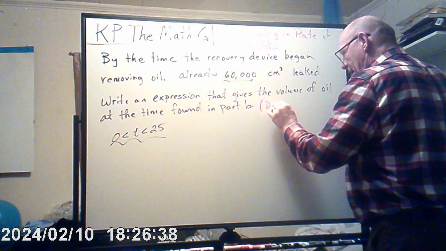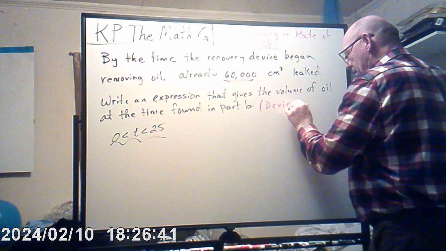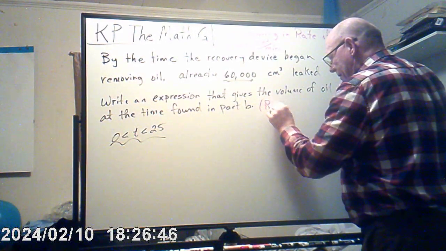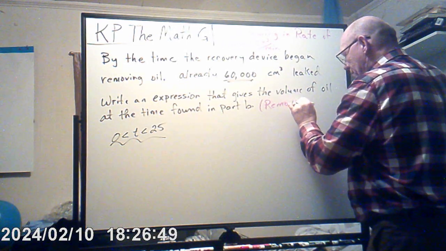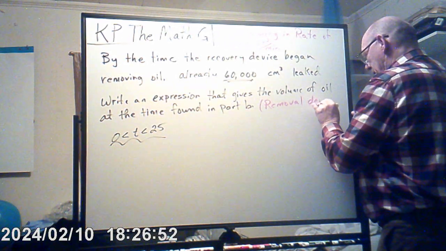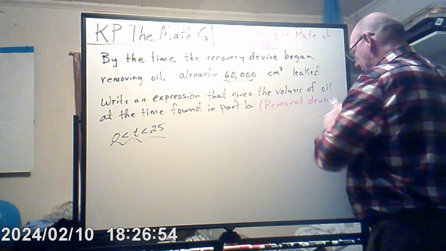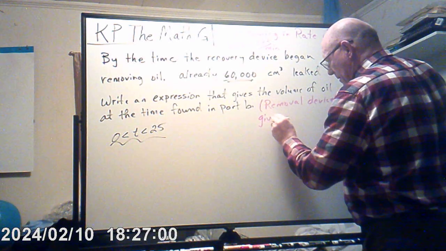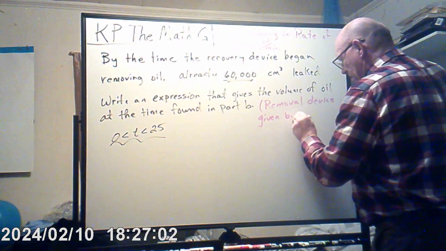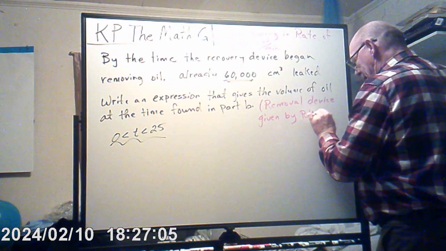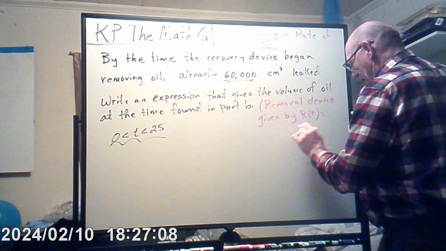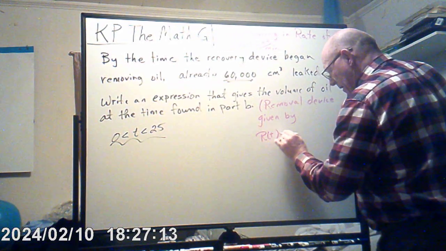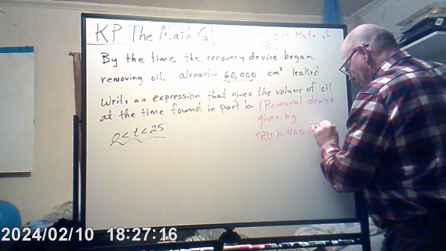And remember also that the removal device is given by R at t equals 400 times the square root of t.